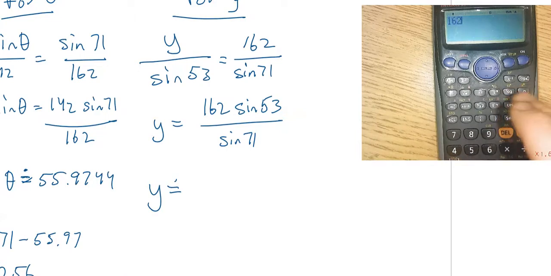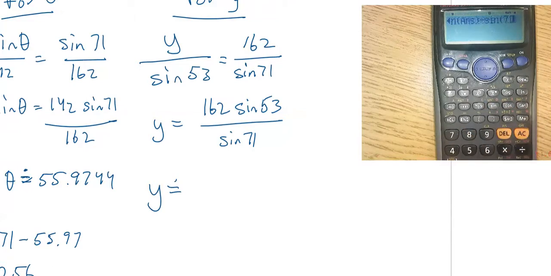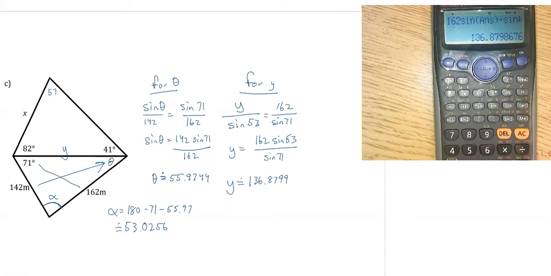So 162 times sine, now the 53 is the answer that I have in my calculator, divided by sine of 71. 136.9. Lots of steps in this one.